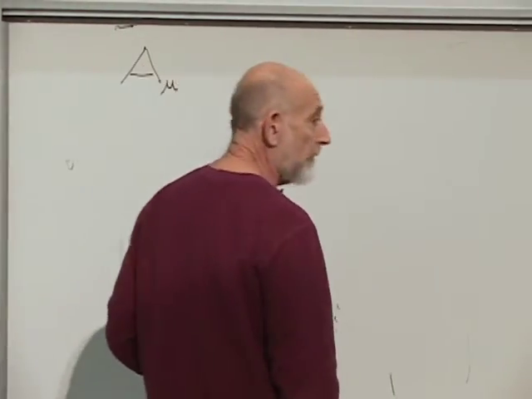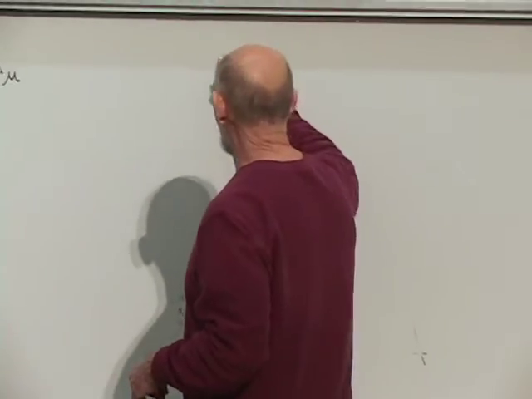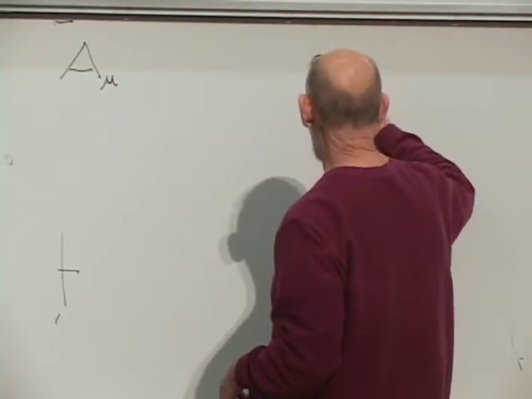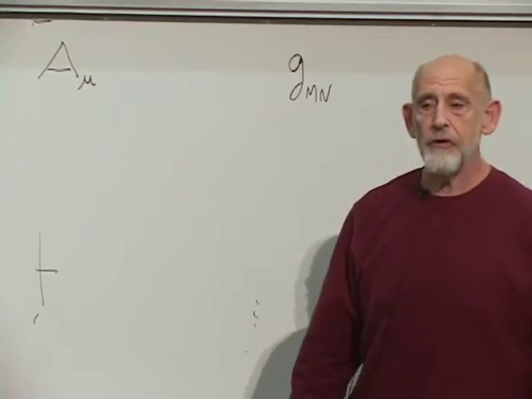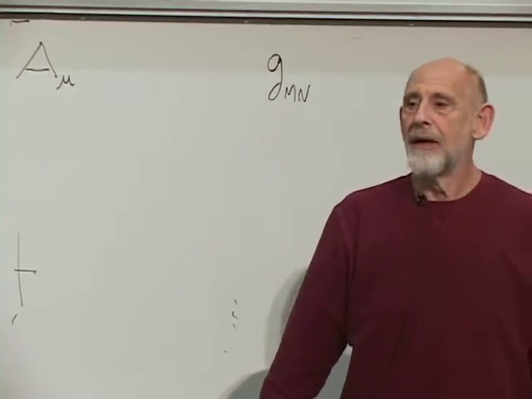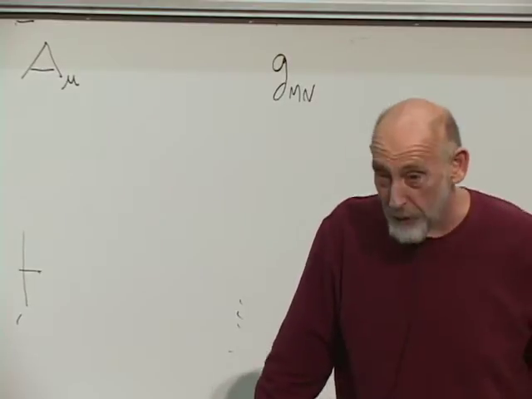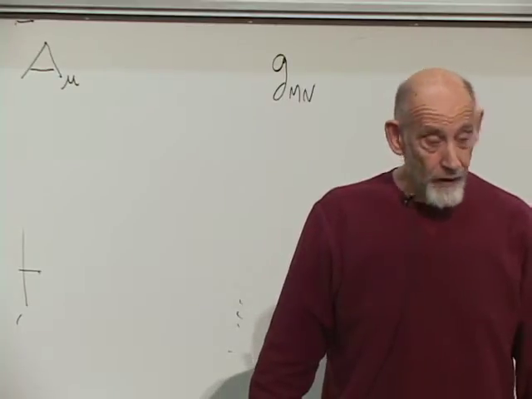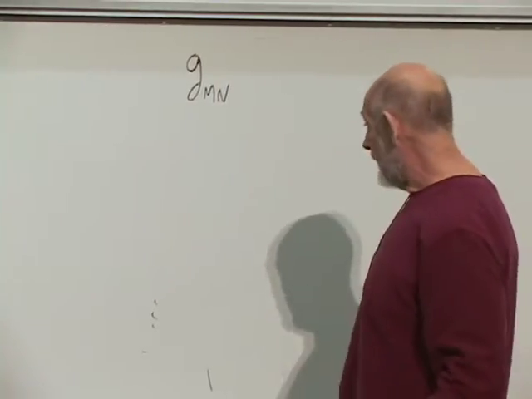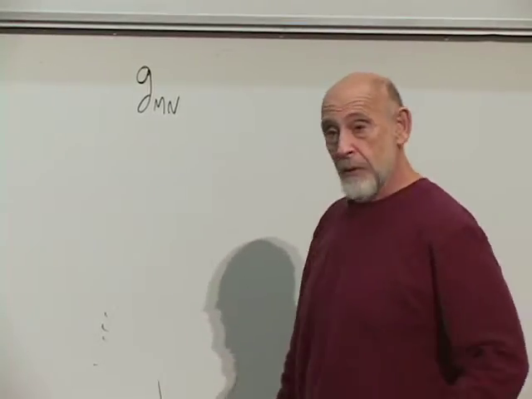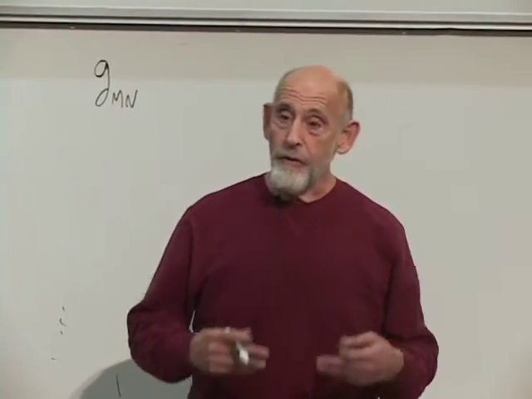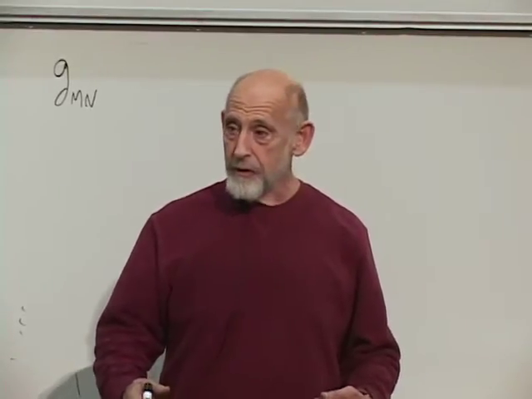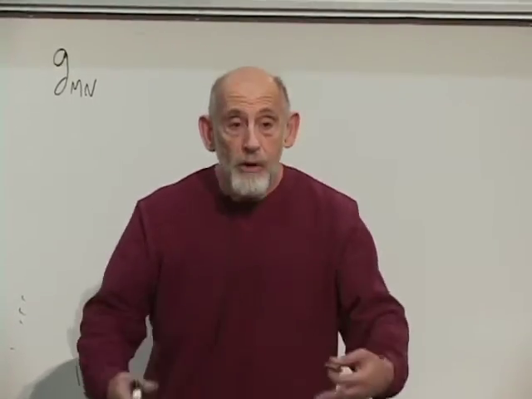Let's go to gravity in 5 dimensions. Gravity is described by a metric tensor, let's call it G_MN. Why don't I use mu and nu? I'm saving mu and nu for the 4 dimensions of ordinary space-time, but we're now talking about a 5-dimensional world, so let's use M and N for the 5-dimensional world. But what do M and N run over? They run over the ordinary dimensions of ordinary space-time plus one more direction.